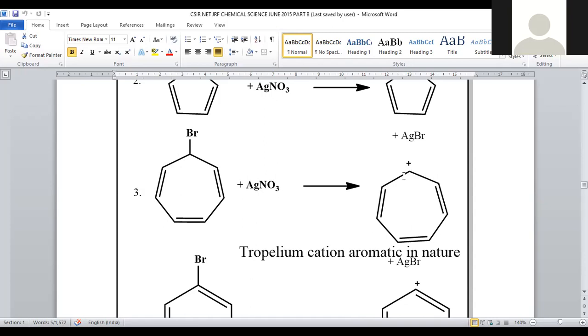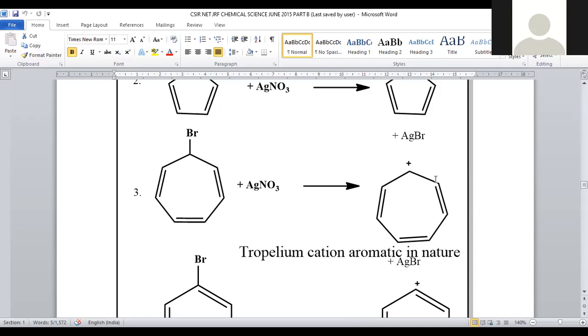When you observe the tropylium cation, it satisfies all the rules of Huckel aromaticity. What are the rules? It should obey the 4n+2 pi electron system. It should be a cyclic system. All the carbons should be sp2 hybridized. All the pi bonds should be in conjugation. It should give stability to the molecule.